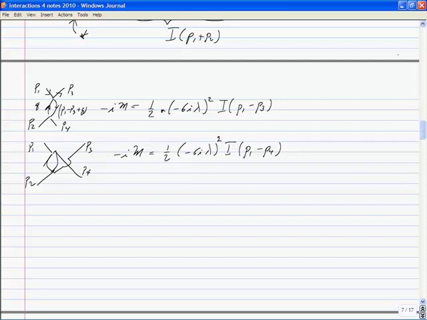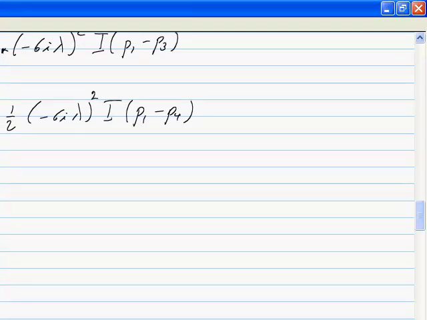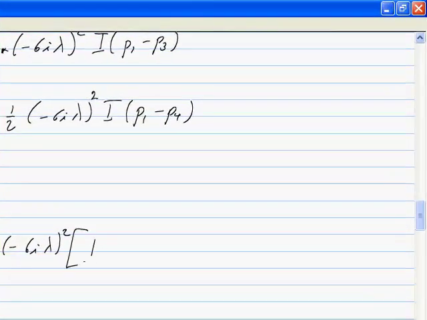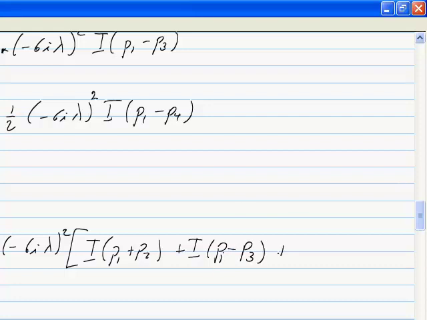Okay. So aside from the self-energy diagrams, at order lambda squared, the answer is the matrix element for the scattering is minus 6i lambda plus 1/2 (minus 6i lambda) squared times I of P1 plus P2, plus I of P1 minus P3, plus I of P1 minus P4.